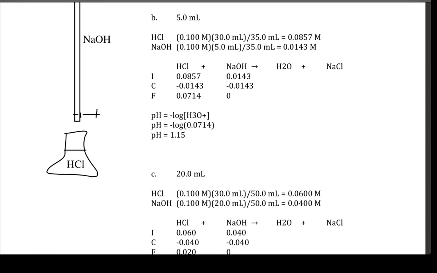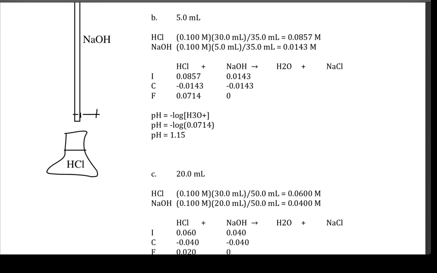The initial NaOH concentration is its stock concentration, 0.10 molar, times the volume that we add, 5.0 mLs, divided by the final volume, 35.0 mLs. So its initial concentration that we're using in this calculation is 0.0143 molar.